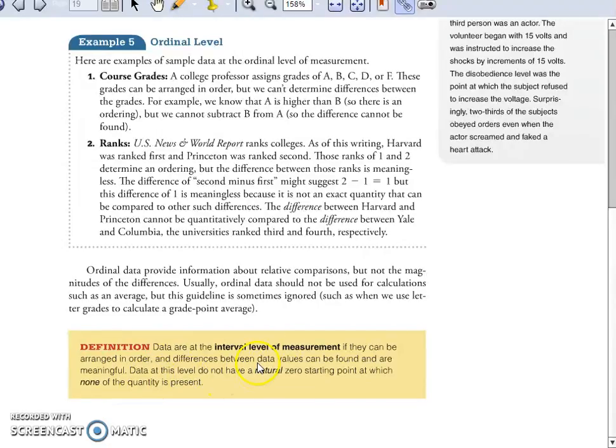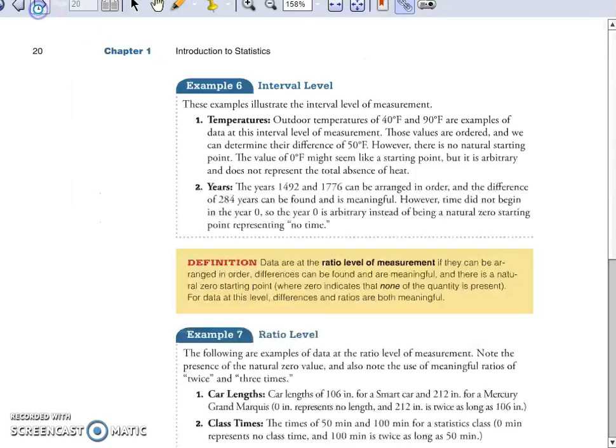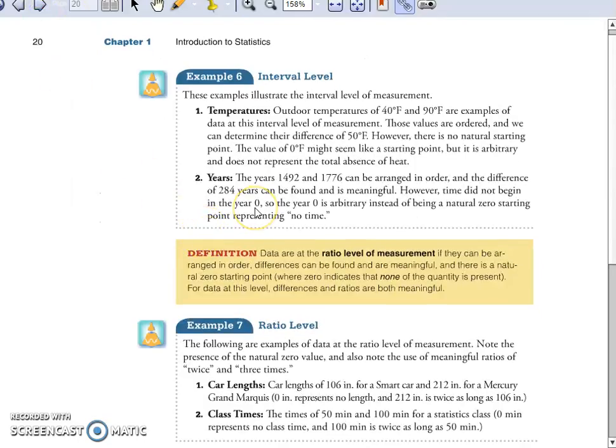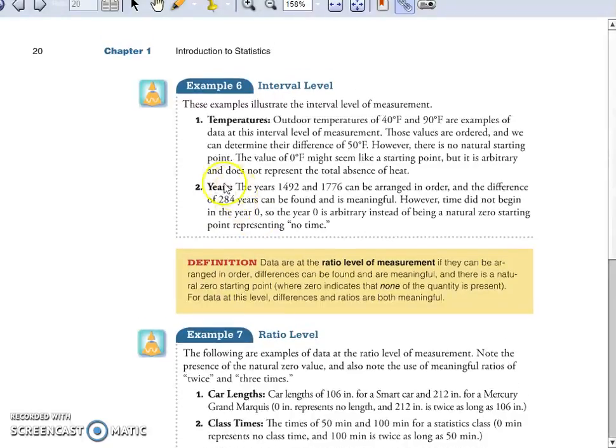Data at this level do not have a natural zero starting point when none of the quantity is present.